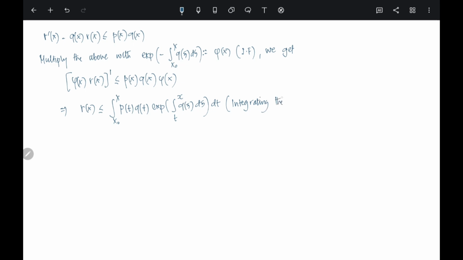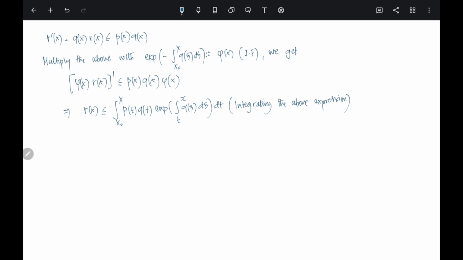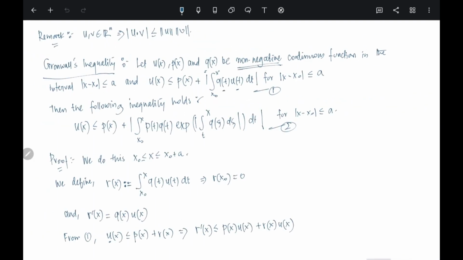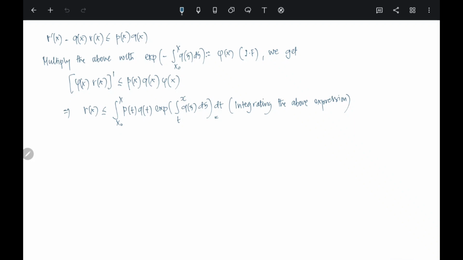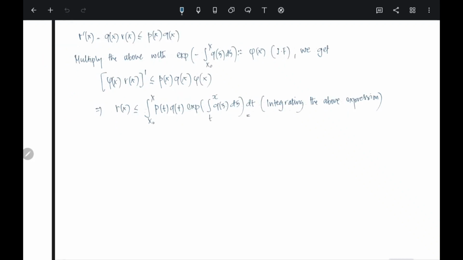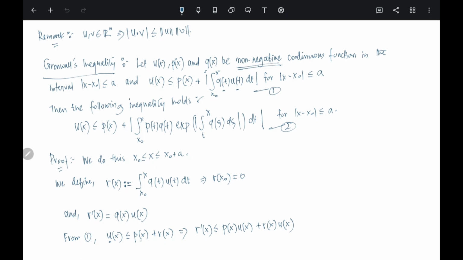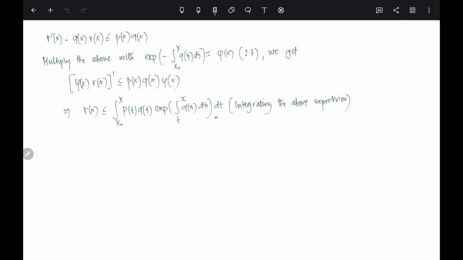So basically this is integrating the above expression. So once you have this, you see the inequality. The difference between this and this is this. You see, u of x is less than or equal to p of x times this particular term, and we also have this particular term. So u of x is less than or equal to p of x plus r of x, right? And r of x we already got is dominated by this.